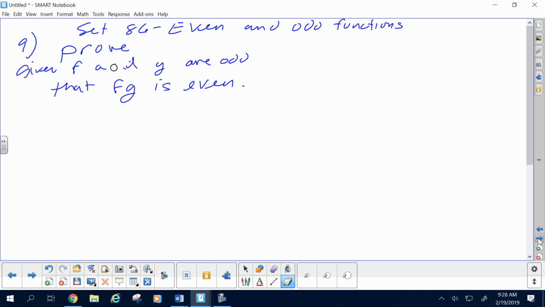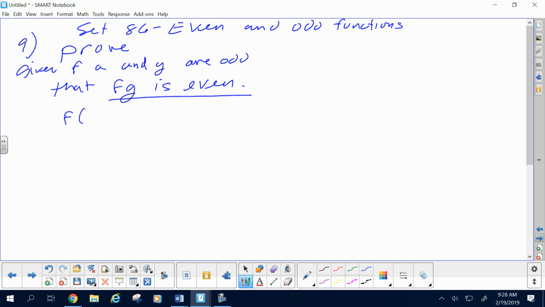Sorry about the terrible pen. In essence, it's like I should prove that the product of two odd functions is an even function. You with me? Okay. So this is what we're trying to prove. Prove FG is even.